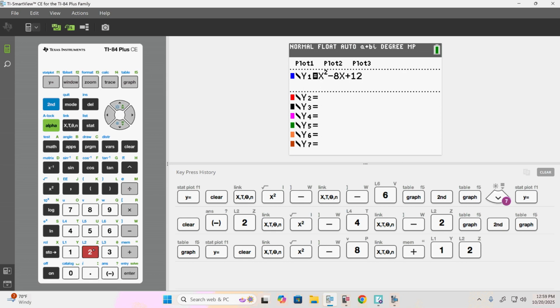How do I go back to the graph? So graph. So to type it back in, we got to go y equals. Go and type it in, x squared minus 8x plus 12. And once you get it typed in, we're going to hit graph.